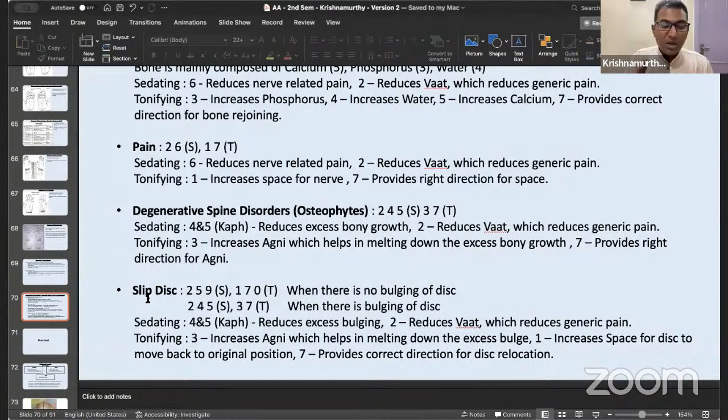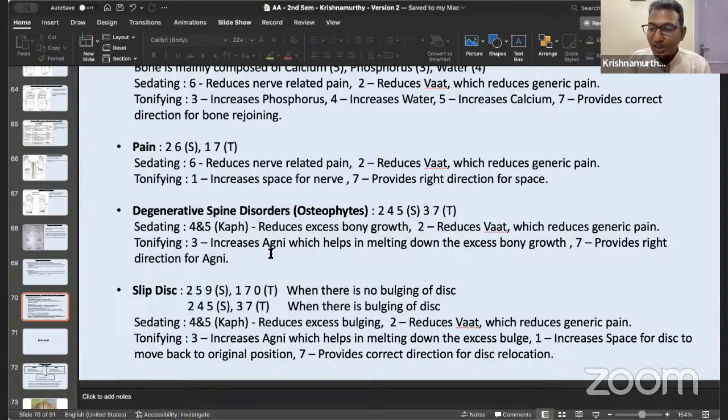Okay, so now slip disc. The disc is moved. Sir, sorry for the interruption, do we have to learn these protocols for the exam, sir? To some extent. If somebody asks how you reduce pain in spine, at least you should know 2-6 I have to set it.